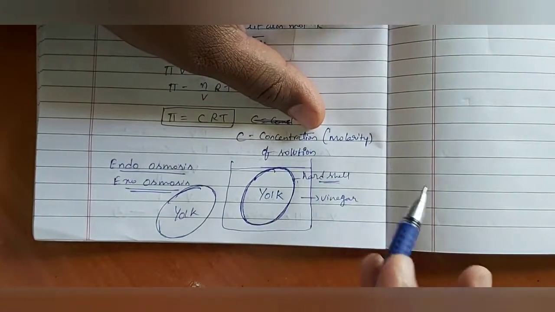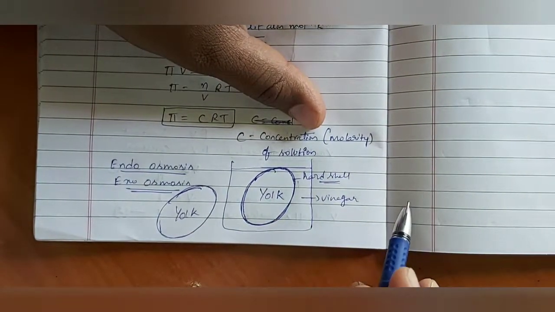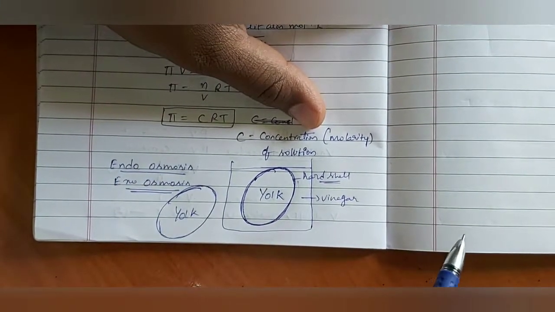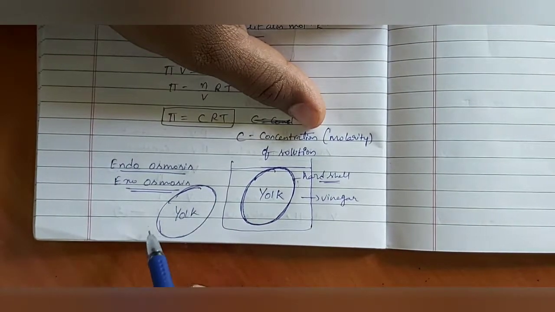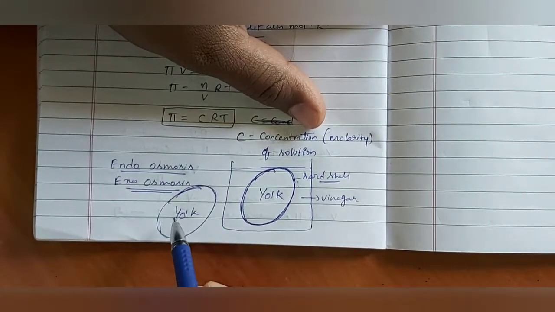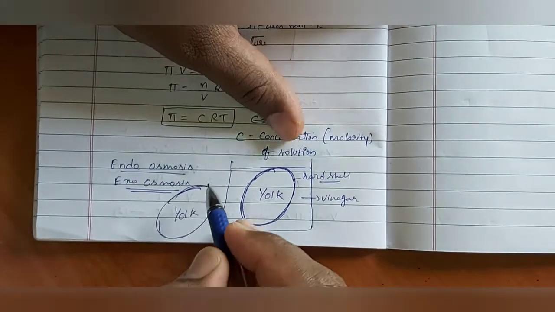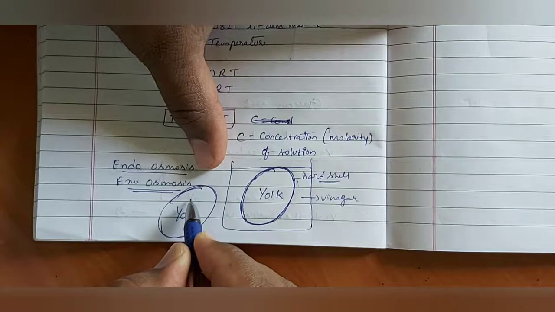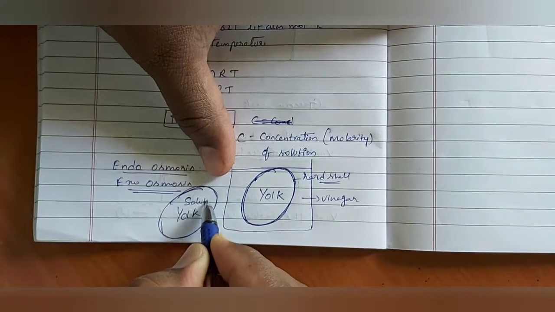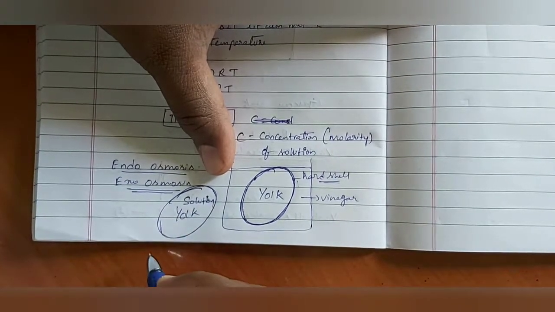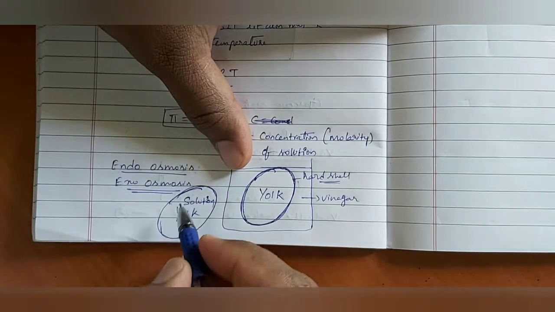This is not our process called endoosmosis or exoosmosis. To understand endoosmosis or exoosmosis, we need to look at this egg yolk, which is surrounded by that membrane. Now, the egg yolk contains some solution, a liquid containing some solution.